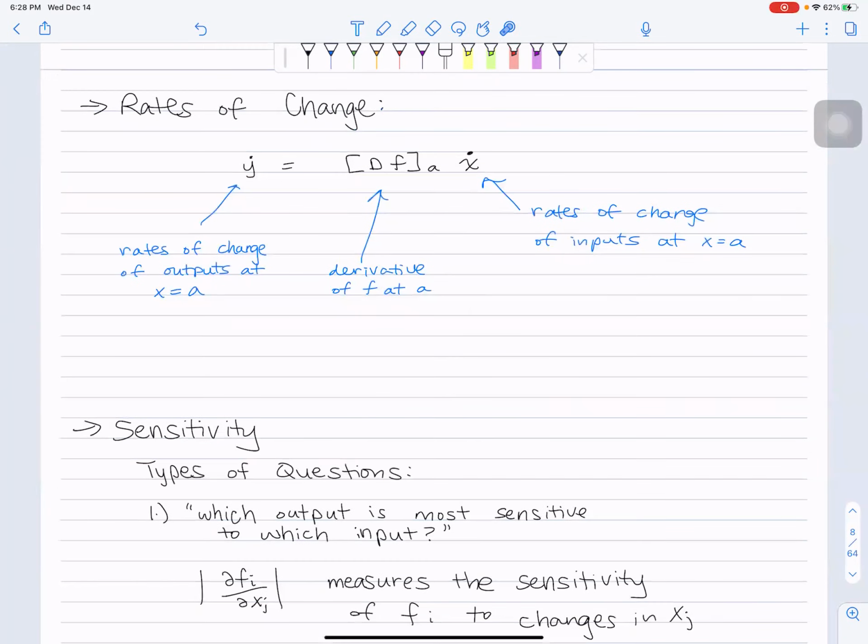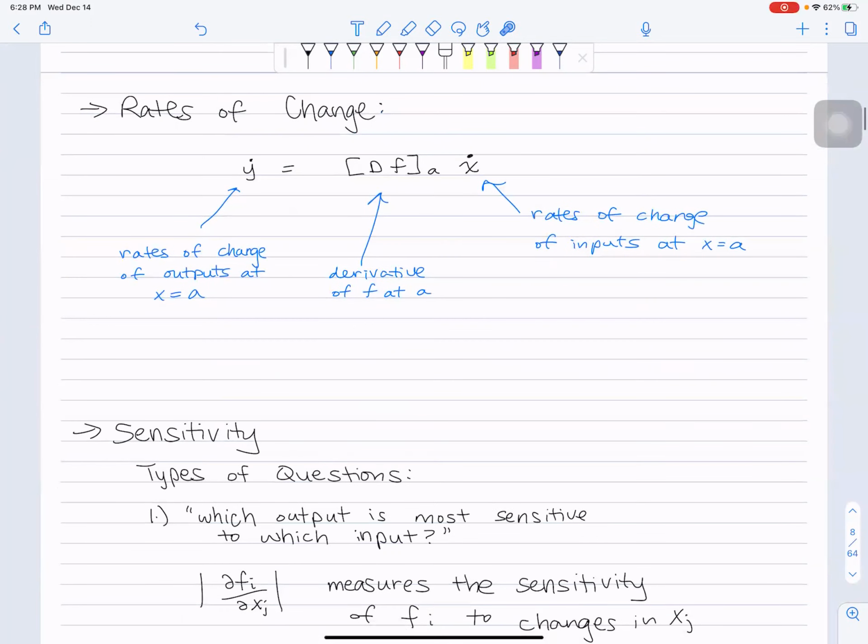Okay, and so usually you have some derivative matrix. X is going to be, they say, the rate of change of the first input is 1, rate of change of second input is 2, etc. And your answer is going to be the rate of change of your first output, rate of change of your second output, etc. And with this, they can ask questions of sensitivity.